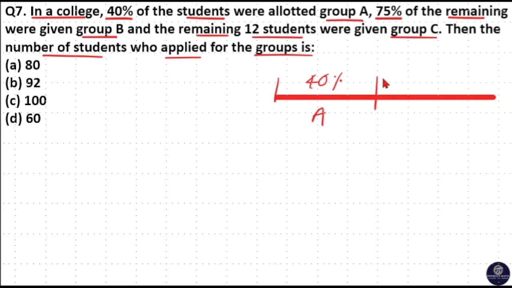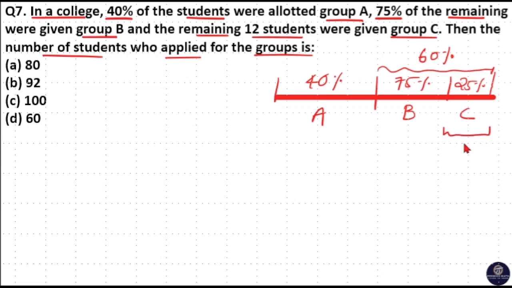Then, out of the remaining 60%, 75% were given Group B. That means the remaining is 100 minus 75, 25% out of the 60% given Group C. And this 25% out of 60 is 12 in number. That is, Group C students are 12 in number.